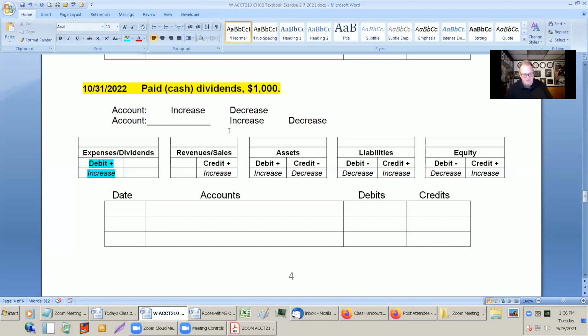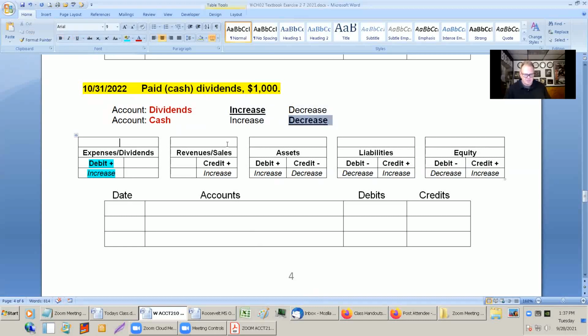Dividends, debits, D and D, debits. All right, so dividends, cash. And the dividends are always going up. If you pay dividends twice, it's more than paying dividends once. Dividends are increasing. Cash is decreasing.